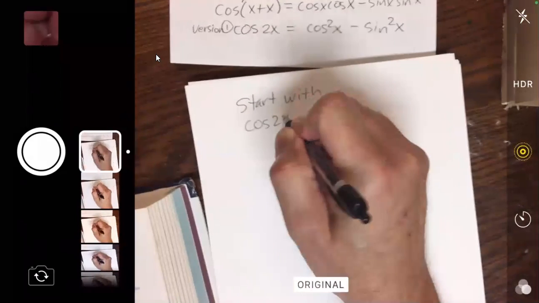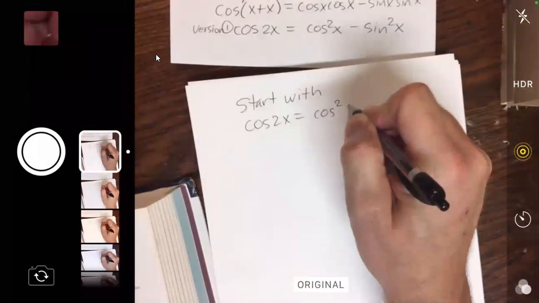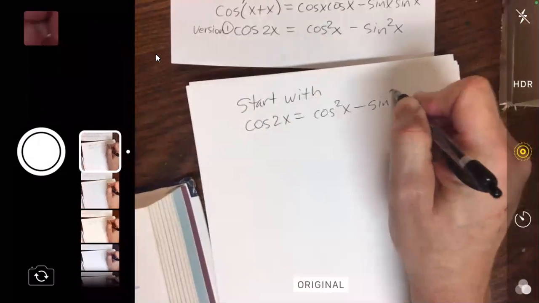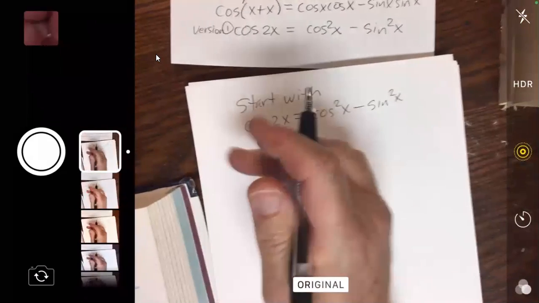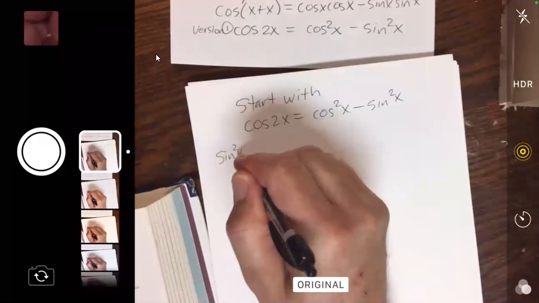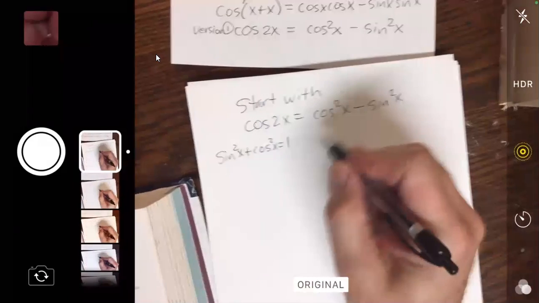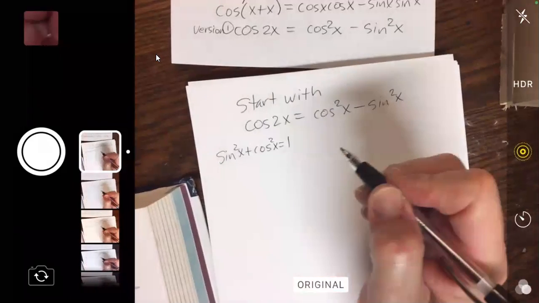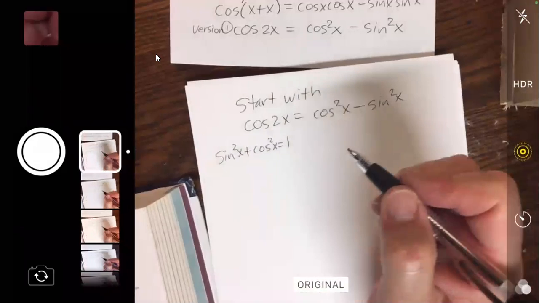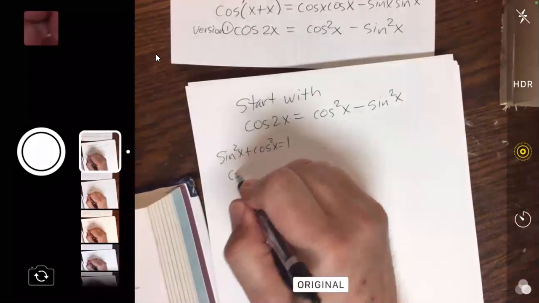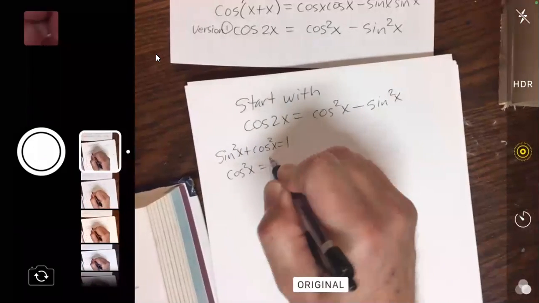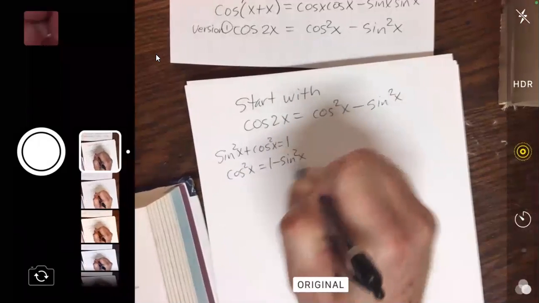All right, start with cosine of 2x is cosine squared of x minus sine squared of x. Remember, a sine squared plus a cosine squared equals 1. So you can sub in either one. Let's sub in for cosine squared, 1 minus sine squared.